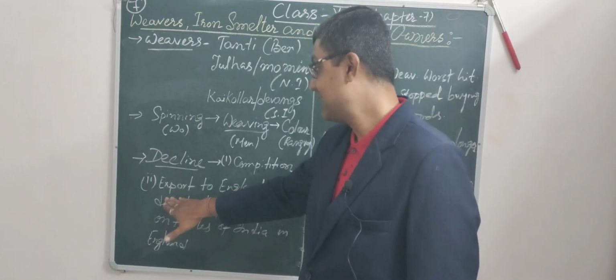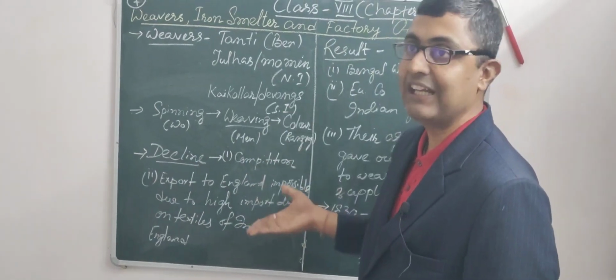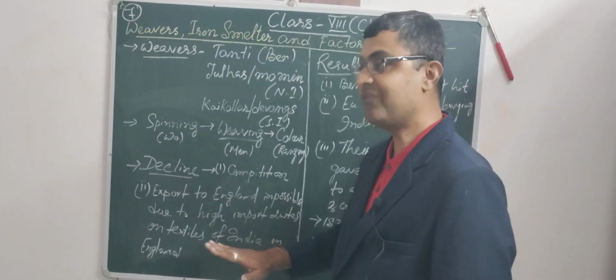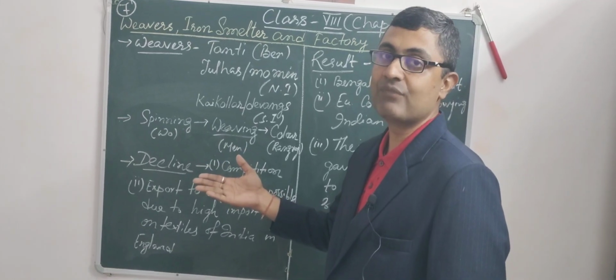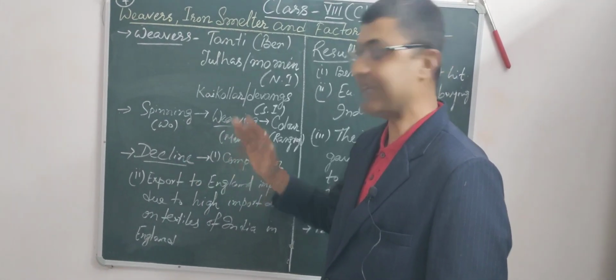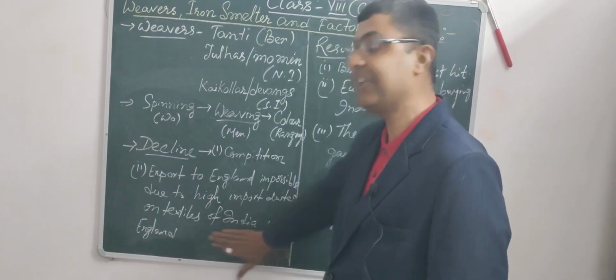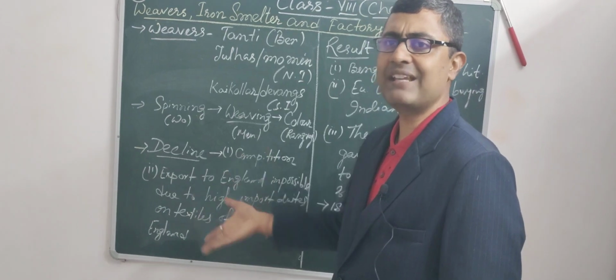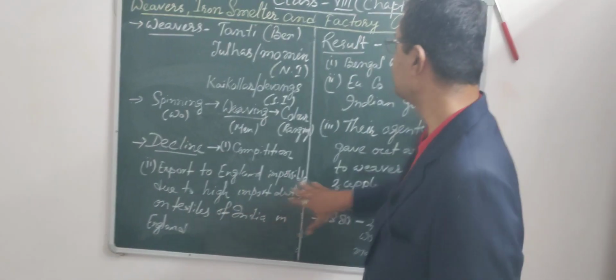The second reason: the products of India were difficult to export to England because of the high import duty imposed by the England or the European government. So the textile products of India in England were minimized due to the high taxes.